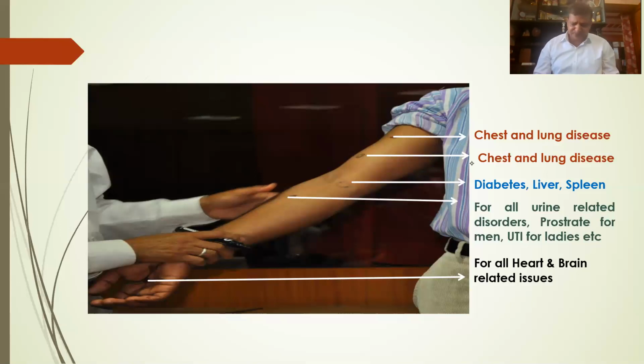Hence we advise patients with obesity as well as underweight, both types of patients, that stimulation of Kurpar Marma is very effective in weight management. We have already proved it through different clinical trials in our hospitals, and it is also very effective for controlling blood sugar.